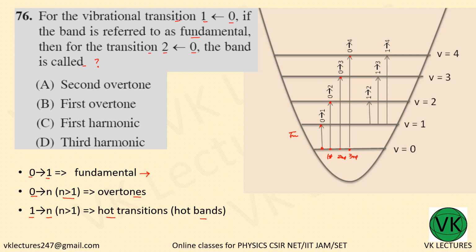Now from 1 to 2, that is our third criteria, these are called hot bands. 1 to 2, 1 to 3 and 1 to 4 are hot bands or hot transitions. In the question they are asking 0 to 2, so that is the first overtone. So the answer is option B, first overtone.